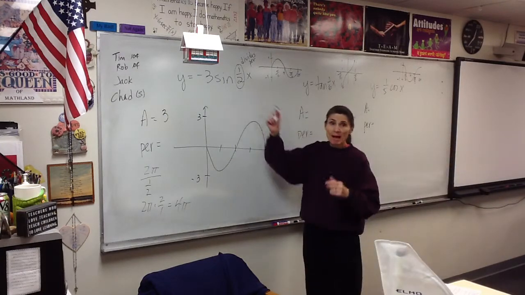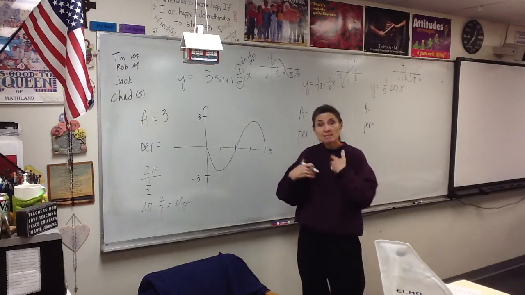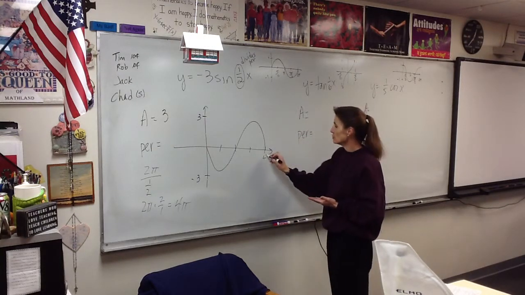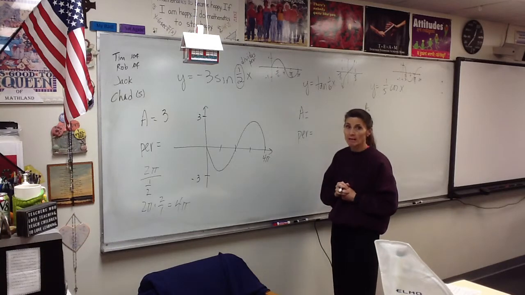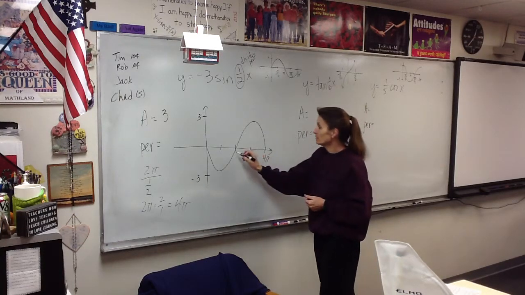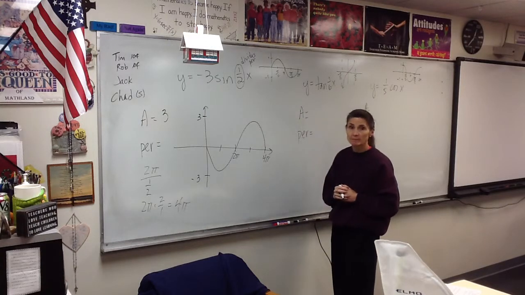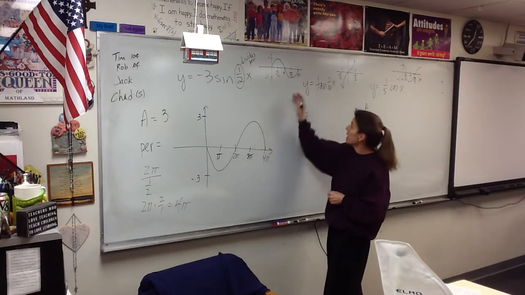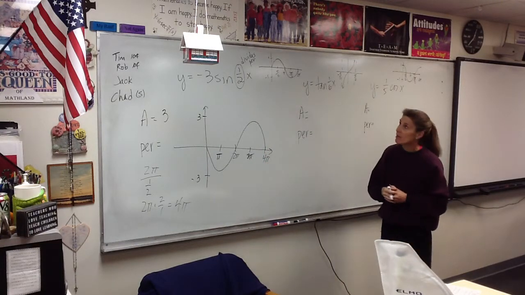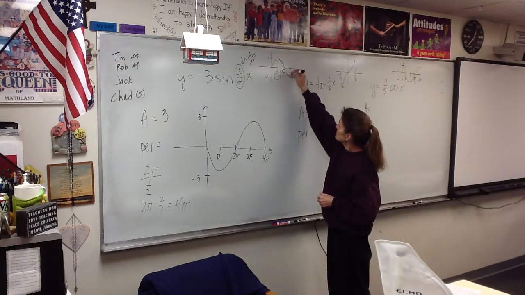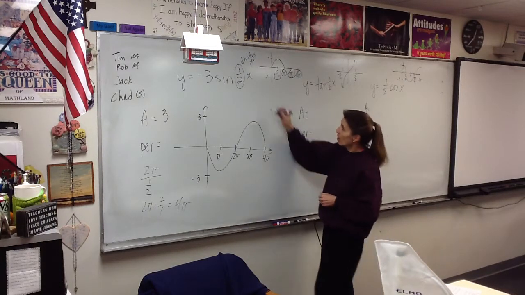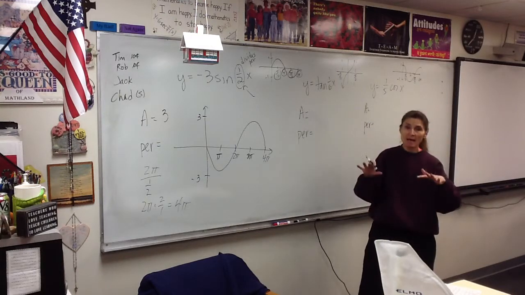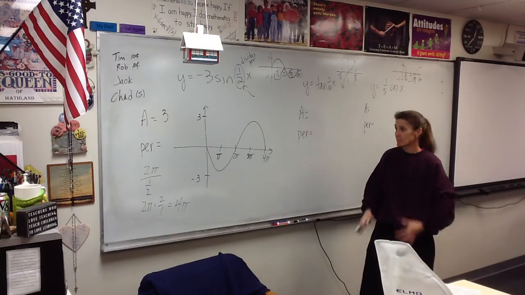I divided by 1/2, which is the same as timesing by 2. So instead of ending at 2 pi, I'm ending at 4 pi. Instead of the middle being pi, it's 2 pi. Instead of 1/2 pi, it's pi. And instead of 3/2 pi, it's 3 pi. All of these labels, these are the basic standard labels, are getting timesed by 2 because they were divided by 1/2. Divided by 1/2 is timesing by 2.